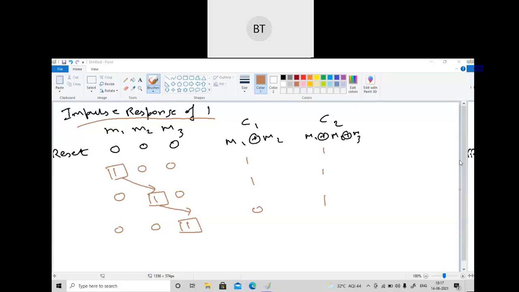Yes, sir. So is there any doubt in finding the impulse response of 1? Okay. Now we will go to find the impulse response for 0.